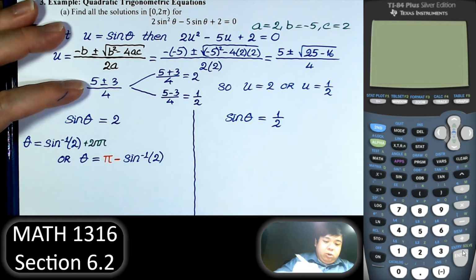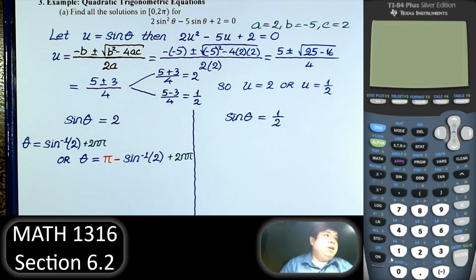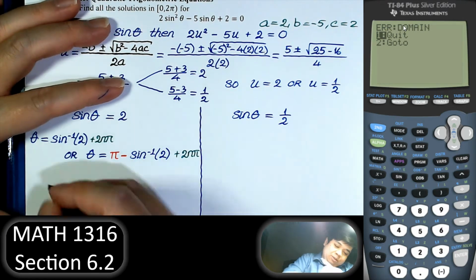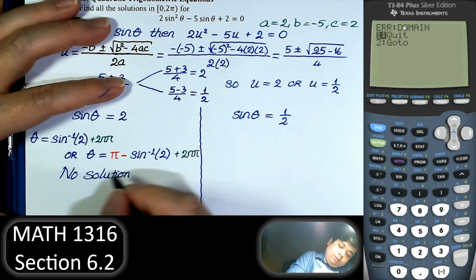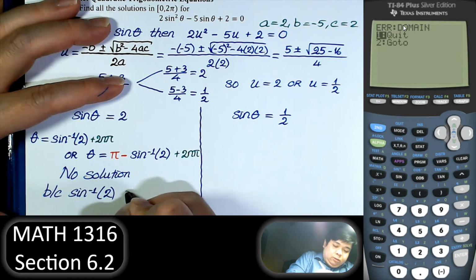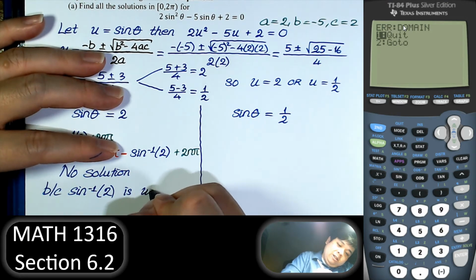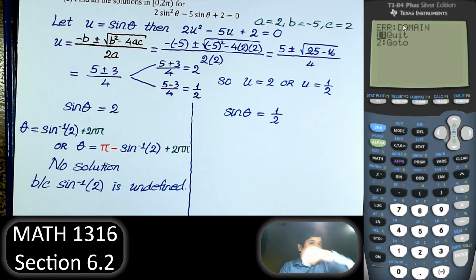Once again, plus 2n pi. Right. Sine inverse of 2, well, is undefined. Because of that, in this problem, there's no solution. The domain of sine inverse has to be between -1 and 1. Right, so we have nothing here.